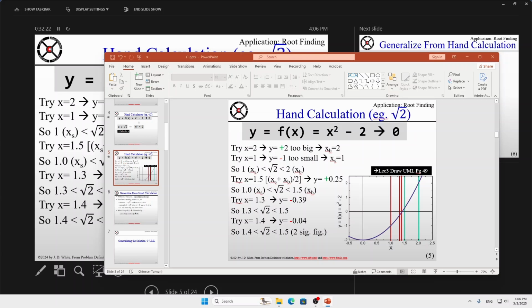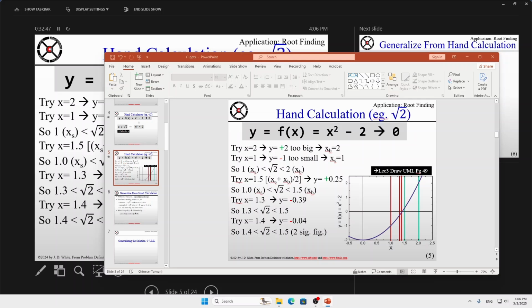Okay, there's my UML. Is this an accurate description of what I was actually doing? Okay, I started with x2, which was too big. Okay, so I'm inputting 2, inputted 1. 1 and 2. I calculate. I try x equals 1.5. Okay, that was 2 plus 1 is 3 divided by 2 is 1.5.